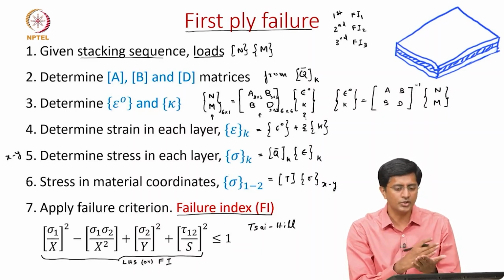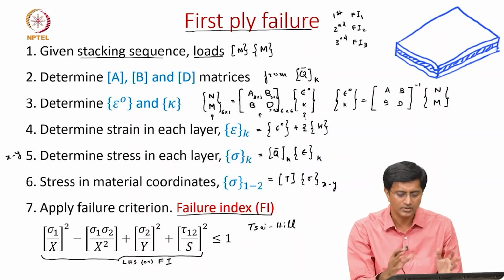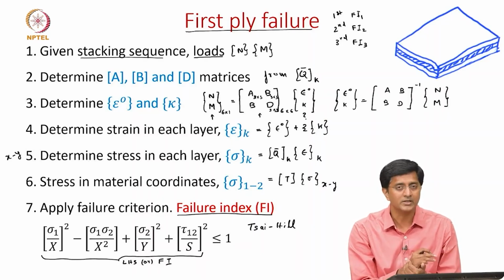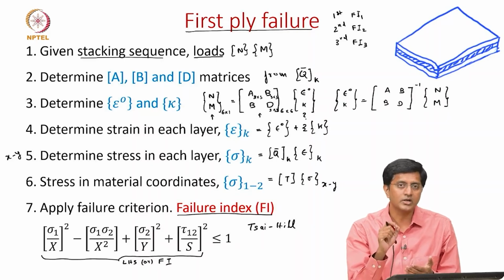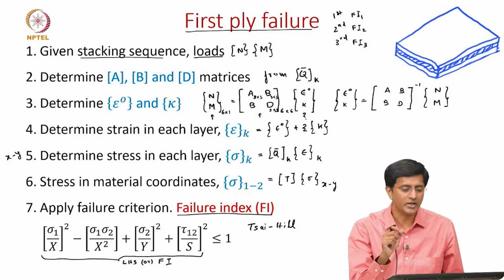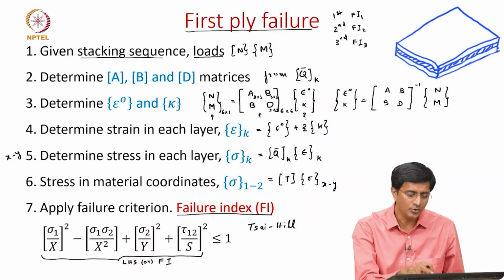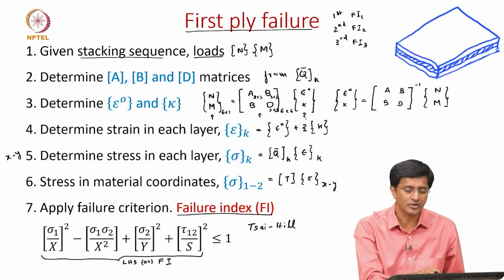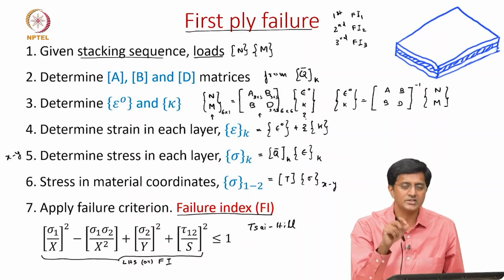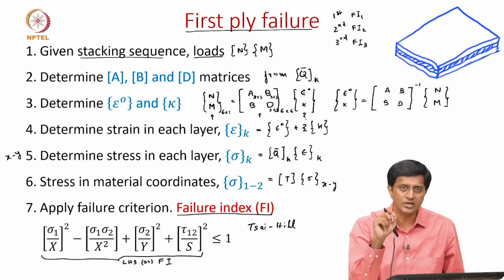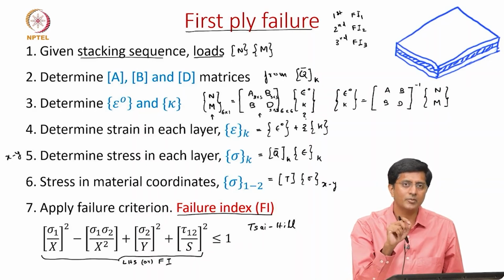If your question is only to find which of them fails first, this procedure is good enough. But if you also want to know at what load the first ply failure happens, then you need to scale down the loads accordingly until the layer which is failing reaches 1, and for all other laminas the failure index value is less than 1.